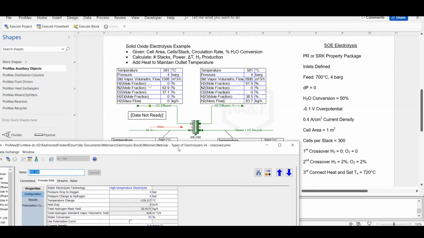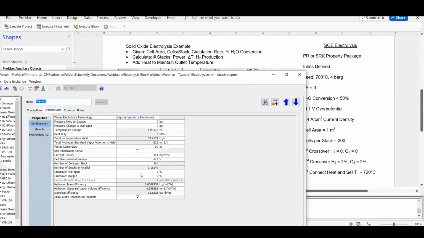So now let's look at what happens if we have some crossover hydrogen and oxygen. Let's say 2% of the hydrogen crosses over and 2% of the oxygen crosses over. Okay.